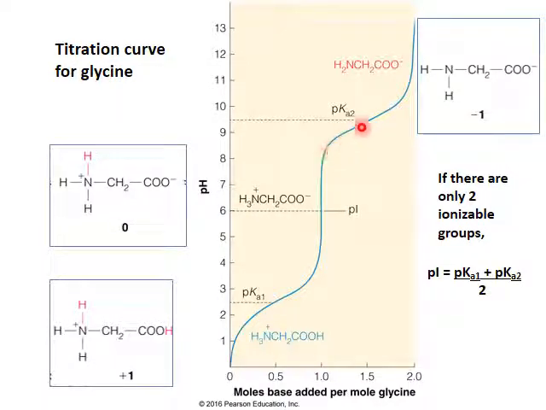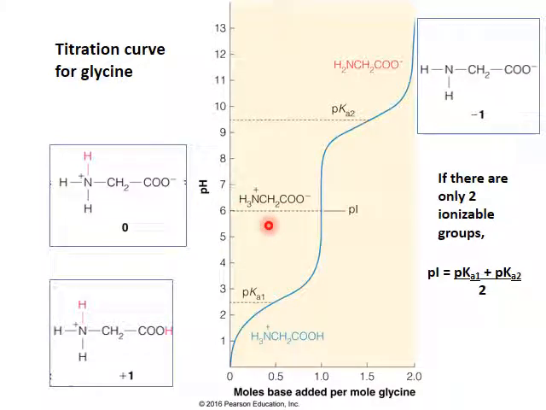We get to its half equivalence point, 50% of the conjugate base, 50% of the acid form. That'll be our second pKa, and then we continue up to the full second equivalence point, and that's when we have the completely negatively charged species at -1. So the pI, the zwitterionic form, is shown here.